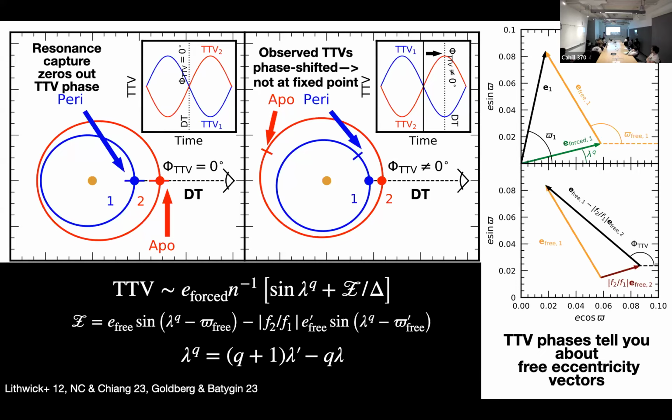The phases tell you that the resonant argument is librating with order unity amplitude, which I think is somewhat surprising, because to get into that peak of the period ratio data you needed some dissipation to drive you there.